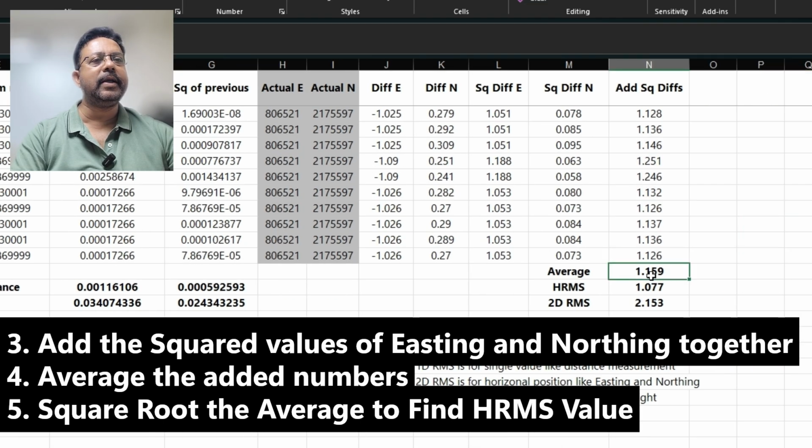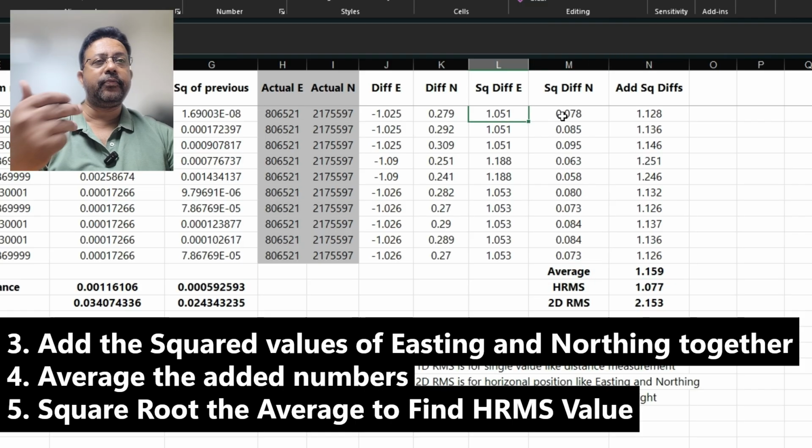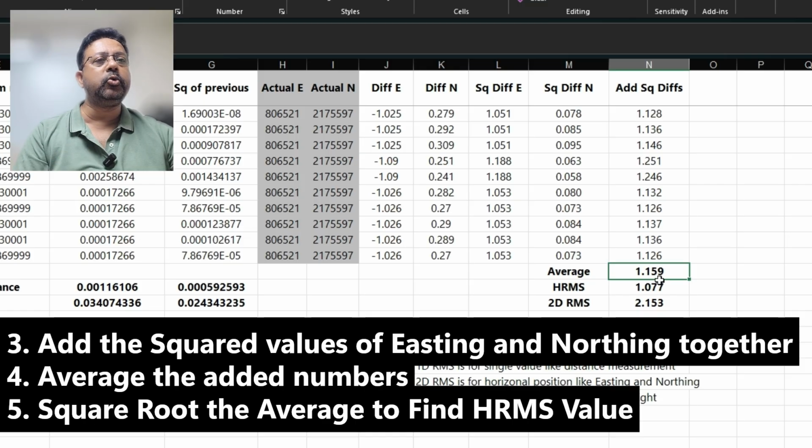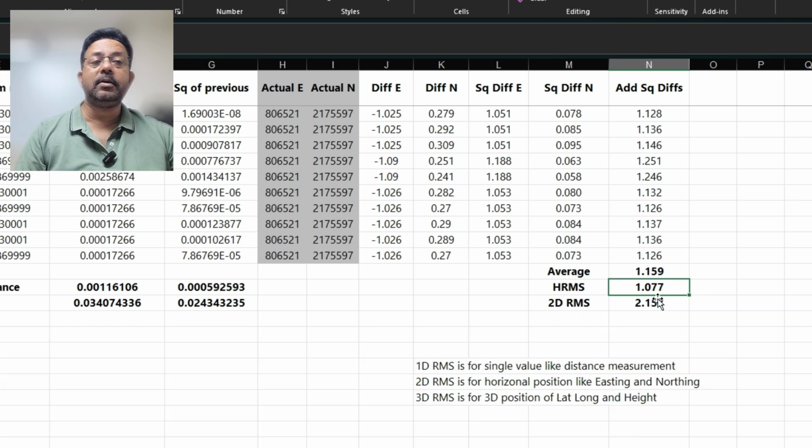Once you have added that, you create an average of that. Then you average all these values together, and you get the HRMS or the horizontal root mean square. So you simply do a square root of that average. So that is the horizontal root mean square.